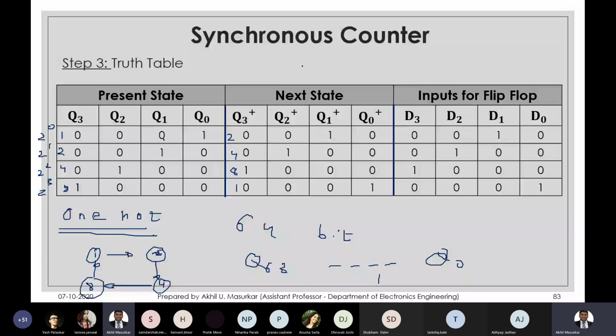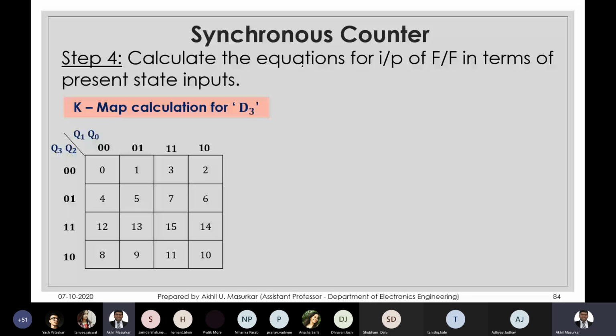We have seen that we will get something here: 1, 2, 4 and 8. All other positions are don't cares. So when you are looking at D3, you can see that there is 1 only in the 4th place.